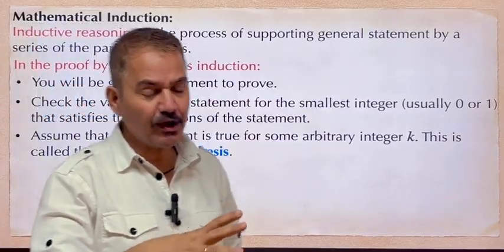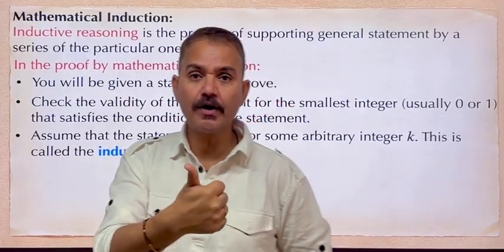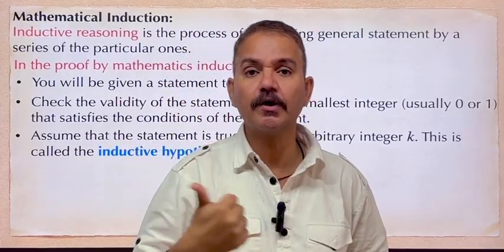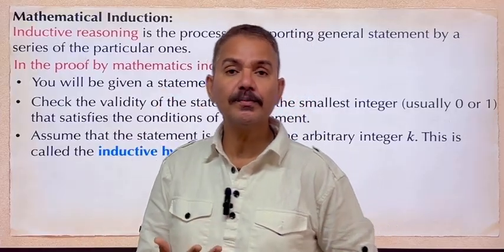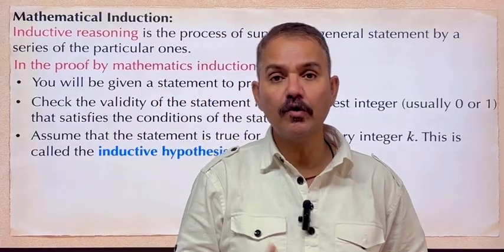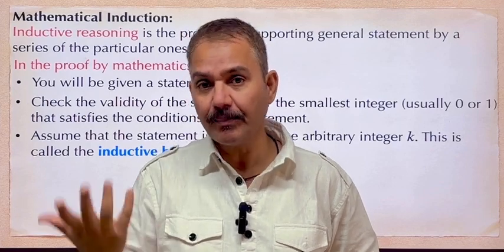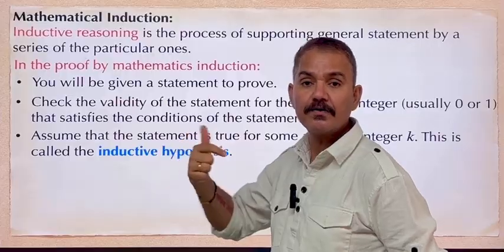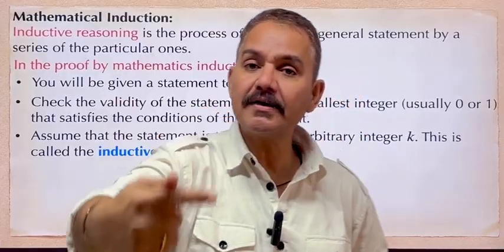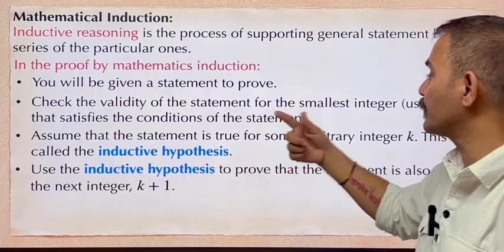Second, we assume that the statement is true for some arbitrary integer k, and this is called the inductive hypothesis. So basically, to make it simple, first you check if your statement is true for the smallest possible integer value. Second, you assume that your statement is true for n equal to k. What is k? k is some integer. Then we prove that the given statement is true for the next value of the integer, which means it is true for k plus 1.